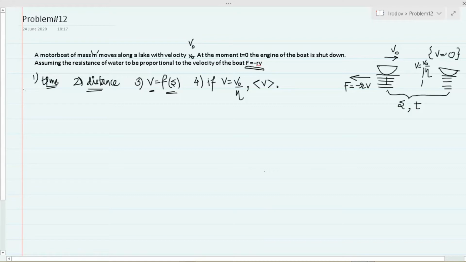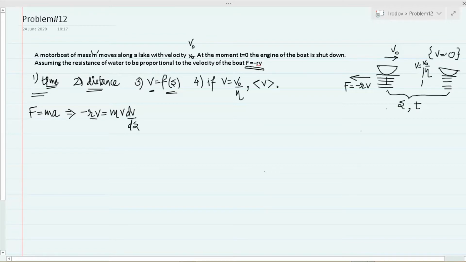So we'll start with the very basic equation, that force can be expressed as mass into acceleration. The only force that the boat is experiencing is minus RV, and acceleration can be written as V dV by ds.